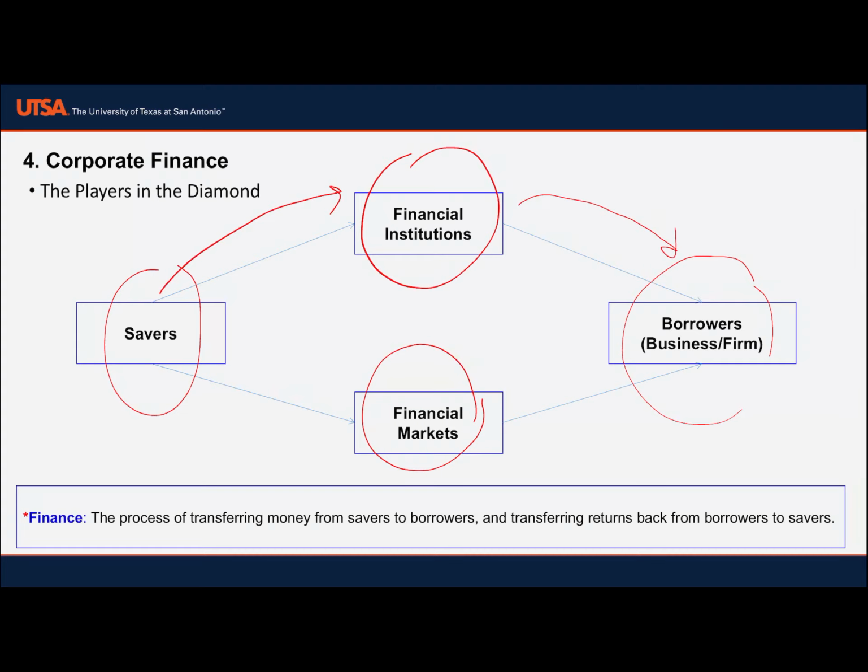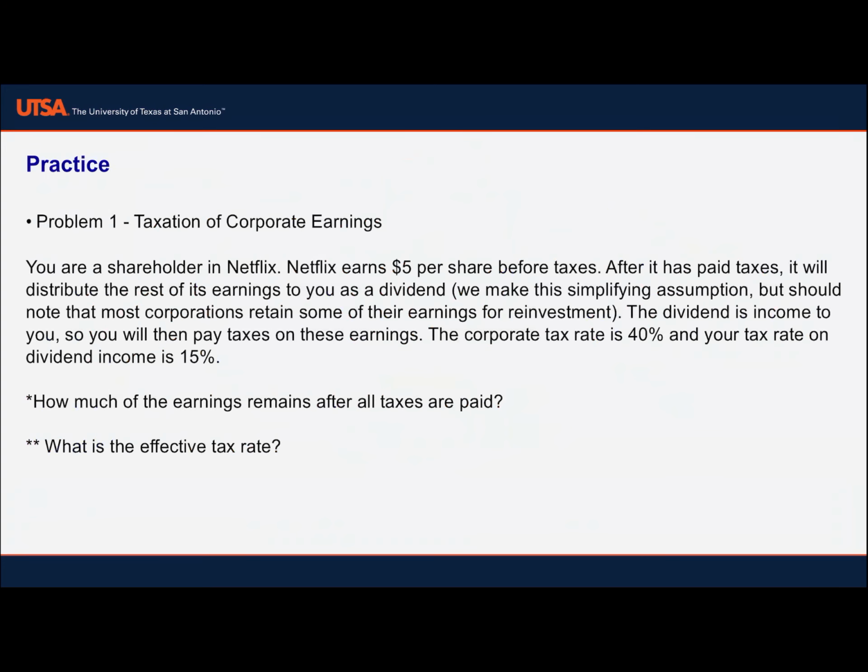Savers give money to financial institutions, which give the money to borrowers, firms and individuals, and firms generate returns or interest, and they give that value to the savers. So finance is the process of transferring money from savers to borrowers and transferring returns back from borrowers to savers.